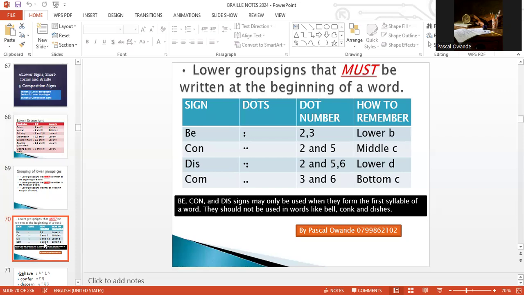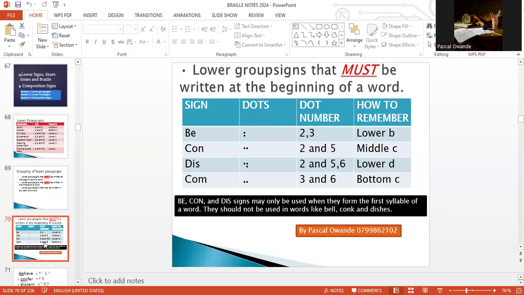So we can have words like because, below, behind, beyond, between, beetle, behead, among others.